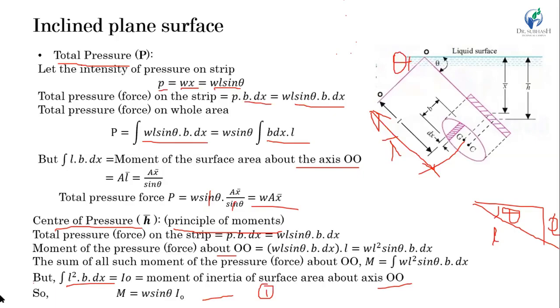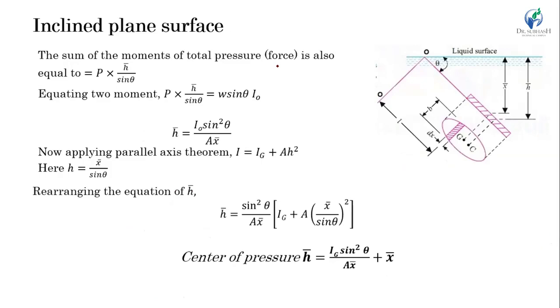Remember it. Then move on to the moment of the resultant force, which is P into the distance of the center of pressure from the free surface of the liquid, which is H bar here. Here L bar is the distance of the CG from the axis OO, so H bar is L bar times sin theta.